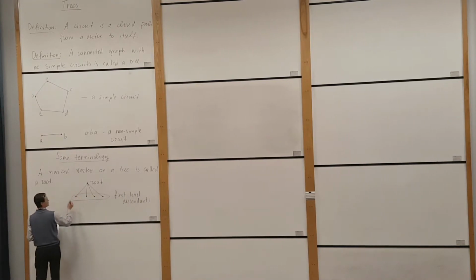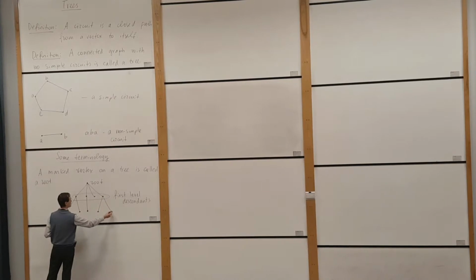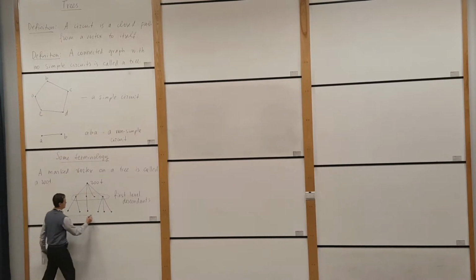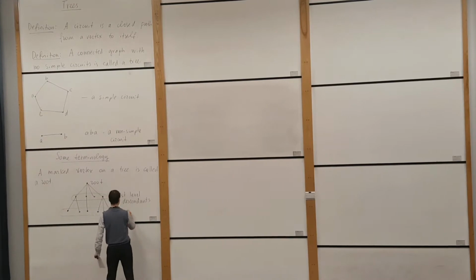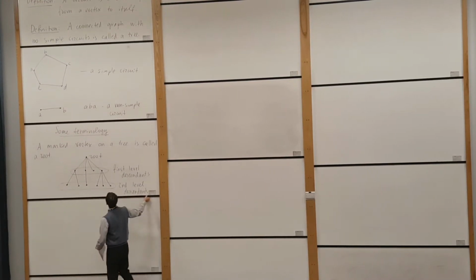Then to these first level vertices we add further vertices, those connected to the root by a path of length 2. This gives you the second level descendants. Then I can continue drawing my tree.